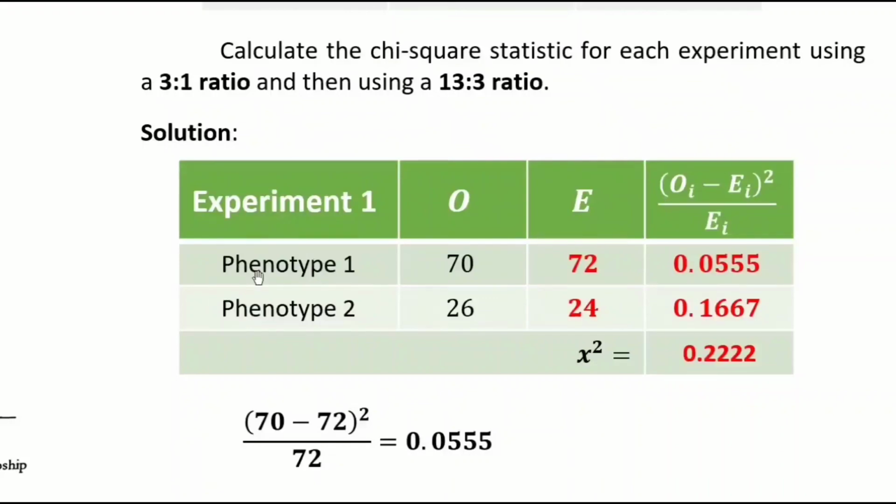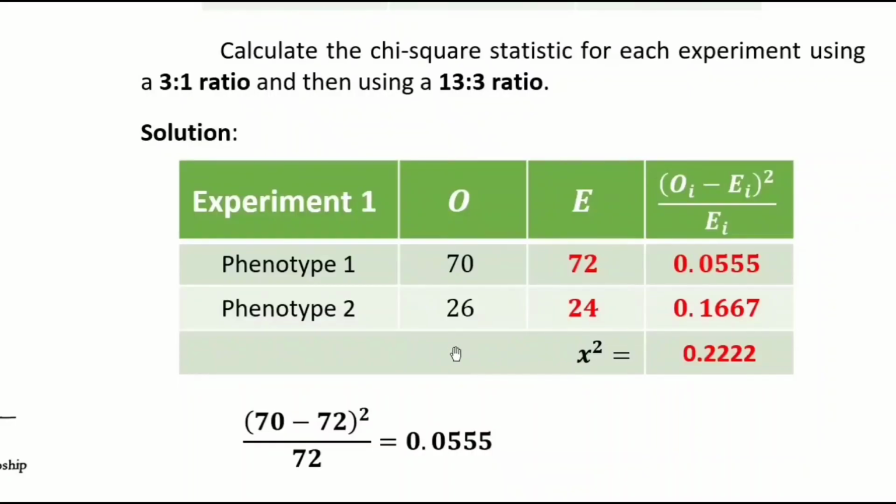So, for the phenotype 1, yung observed value is 70. Sa expected, how do we get, by the way, the expected values? So, ang sinasabi dito is 3:1. So, ang total nitong observe ay 96 because you add 70 plus 26, you get 96.